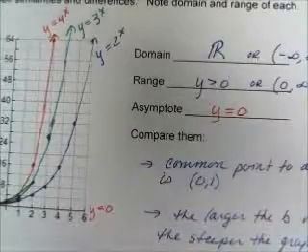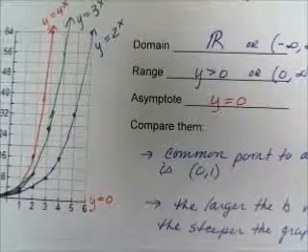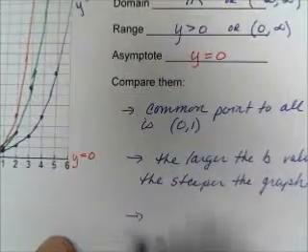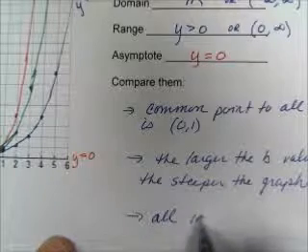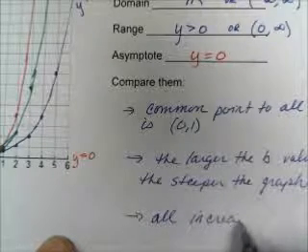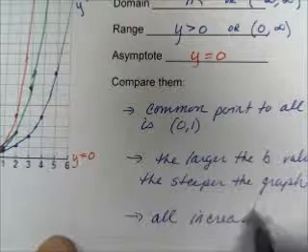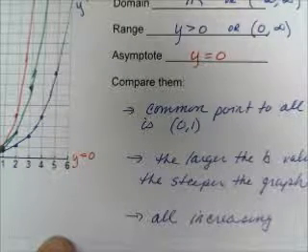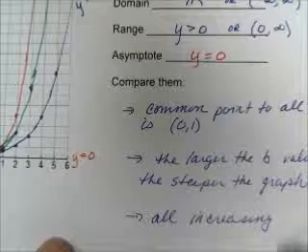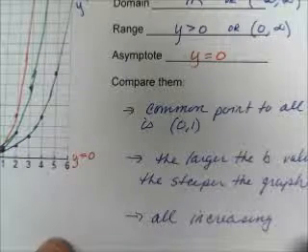And these are all increasing, as they should be, because our b values are greater than 1. Okay, and we're done with section 7.4.